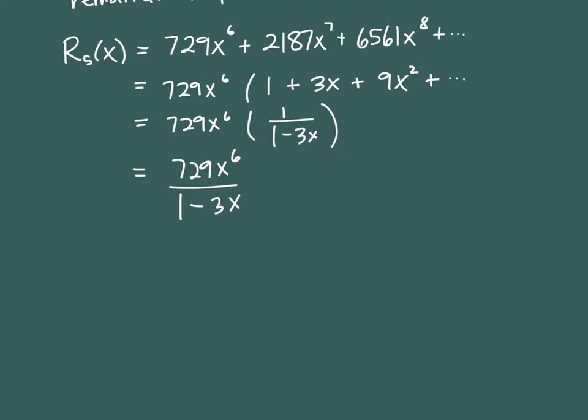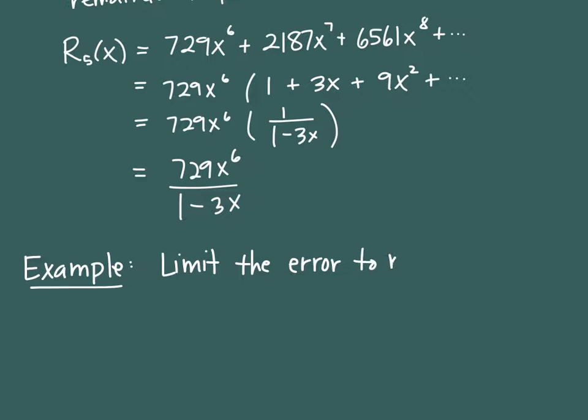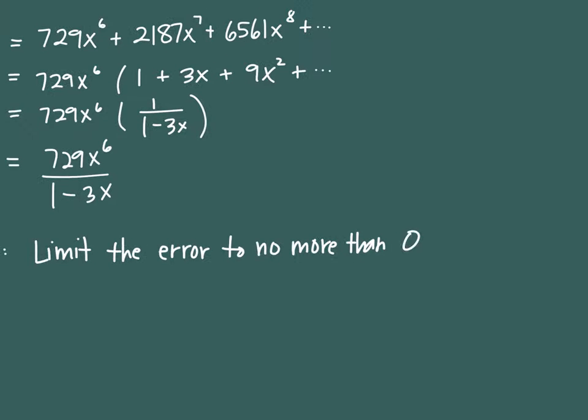Okay, then you continue the same example once you had that, and it would be like part C. Limit the error to no more than 0.0001.